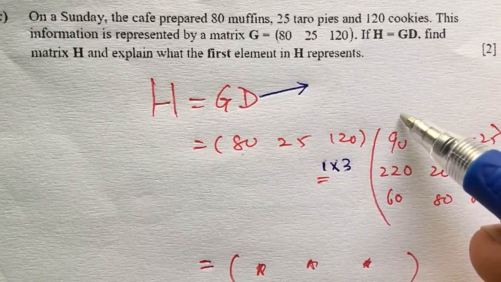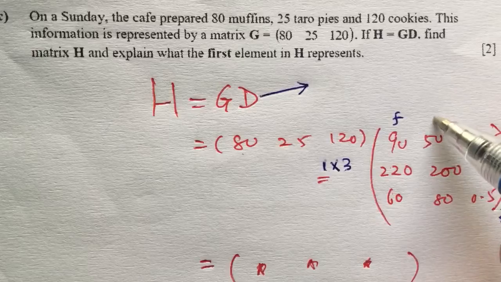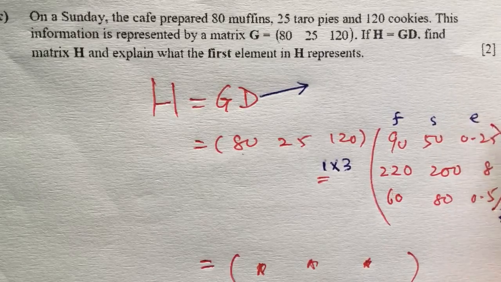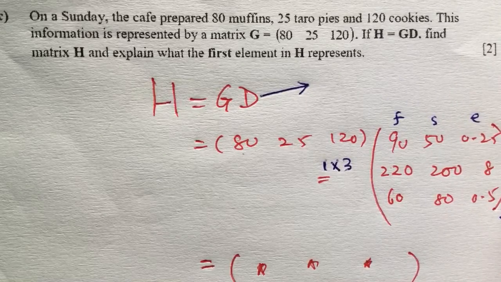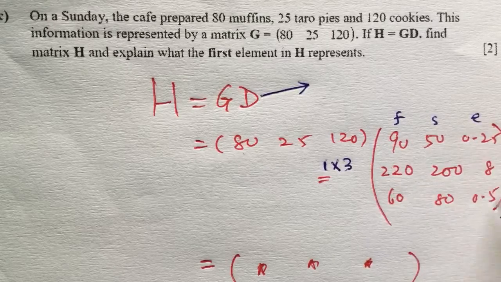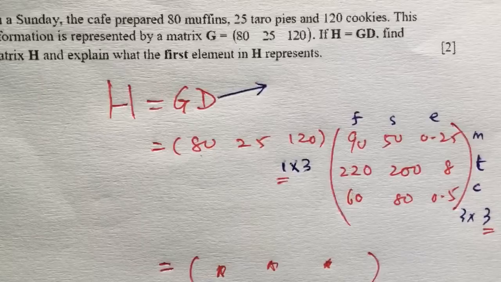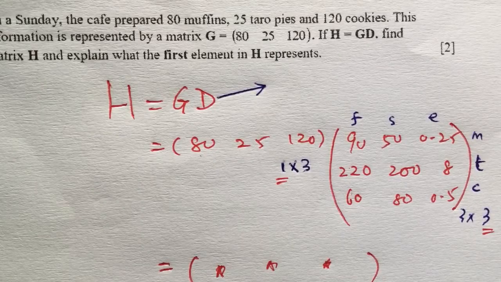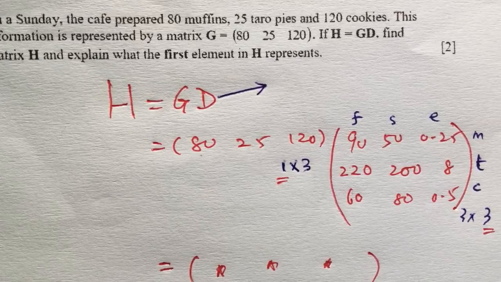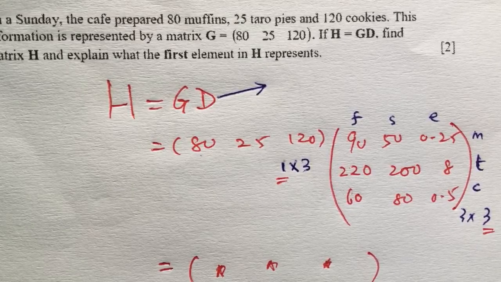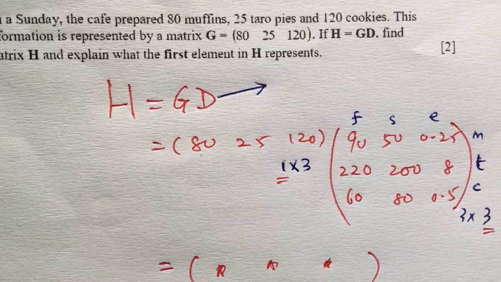So this is flour, this is sugar, this is egg, this is for muffin, this is for taro pie, and this is for cookies. So this matrix D represents the amount of different types of ingredient needed for each of the pastry.